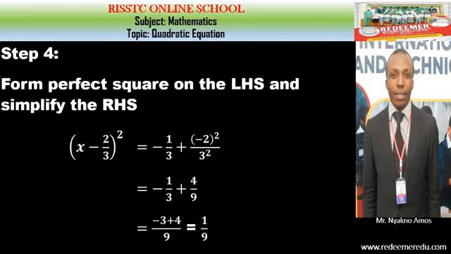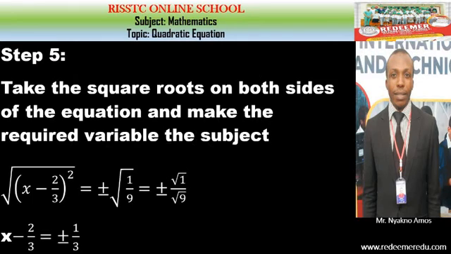If you take the square root of it, you now have the square root of (x minus 2 all over 3) all squared, and it is equal to, for you to do this, you add plus or minus on the right hand side of the equation, so that we now have plus or minus the square root of 1 all over 9. From the division law of surds, this is the same thing as plus or minus the square root of 1 divided by the square root of 9.